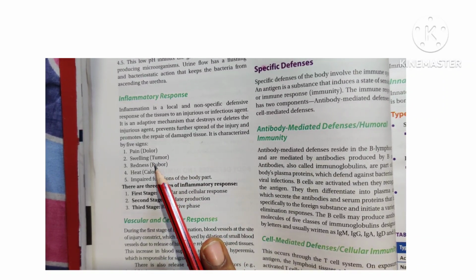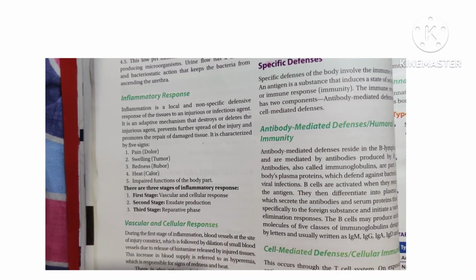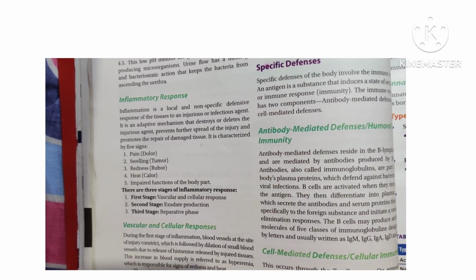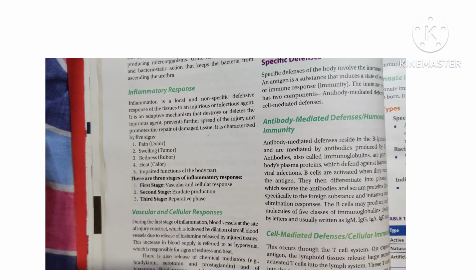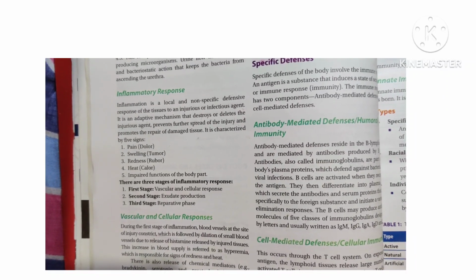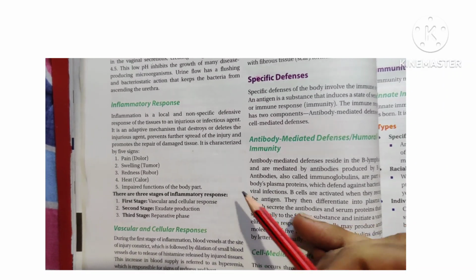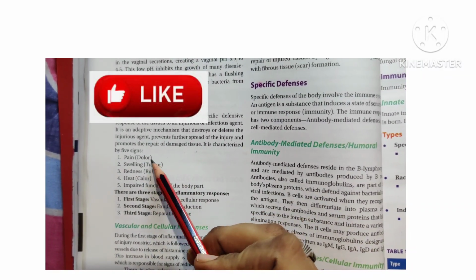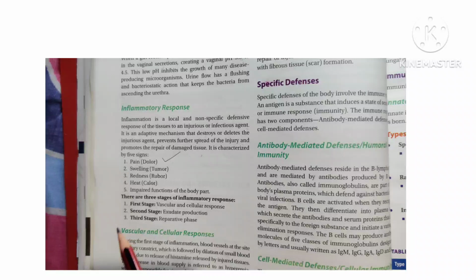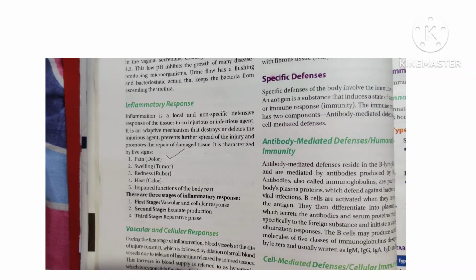It is characterized by 5 signs. Whenever an inflammation occurs, your tissue repair and body defense start acting. That is the inflammatory response mechanism. There are 5 signs, which are very important. First is pain, called dolor.